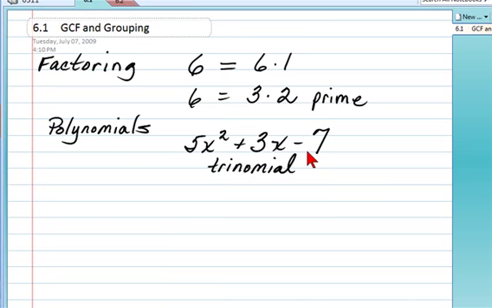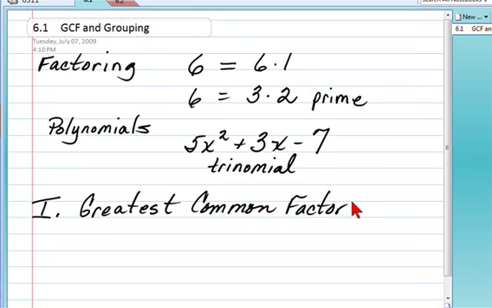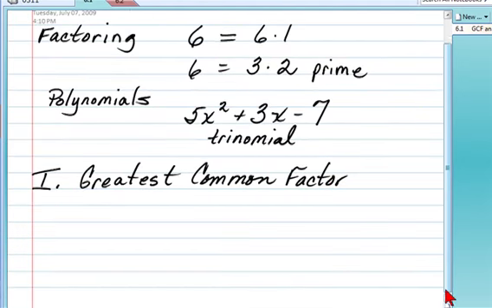We will study every section of chapter 6, and each section gives us some techniques for factoring. Section 6.1 gives us 2 techniques. GCF stands for the greatest common factor.